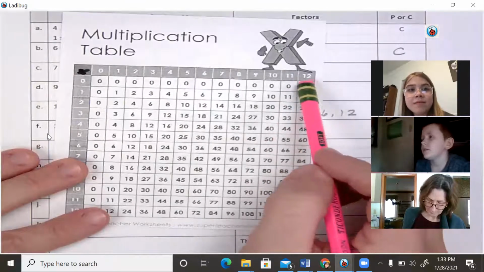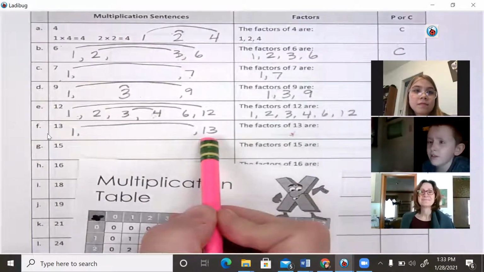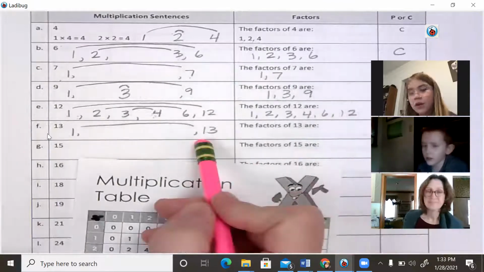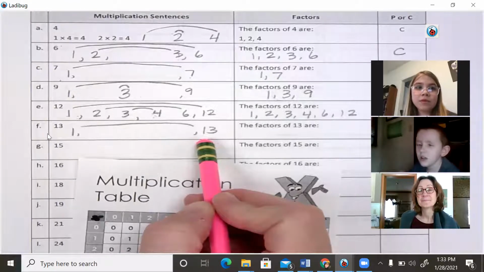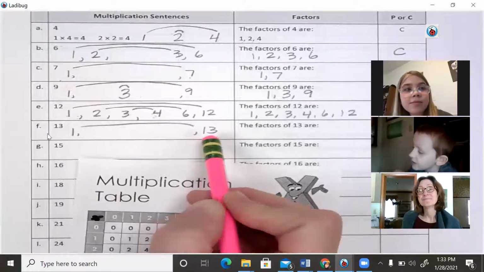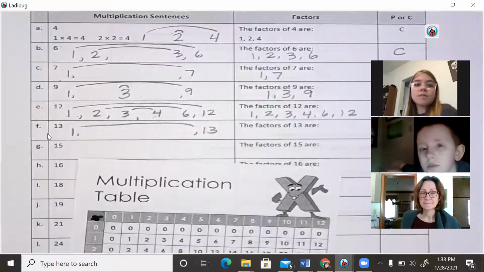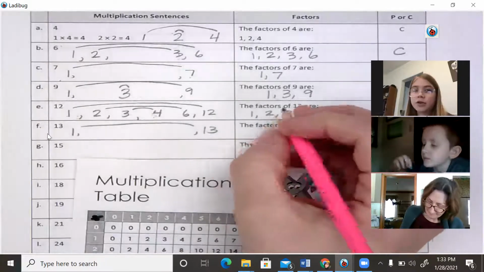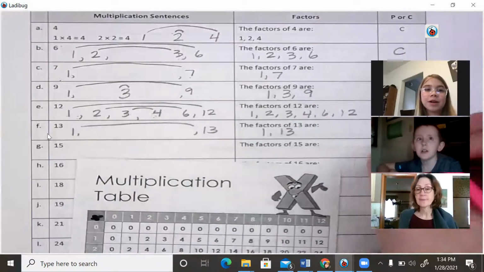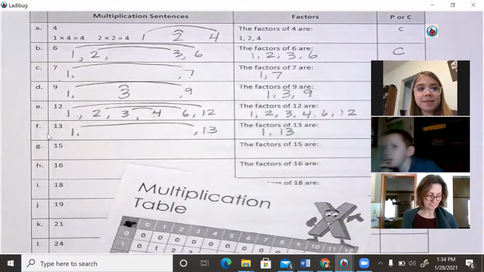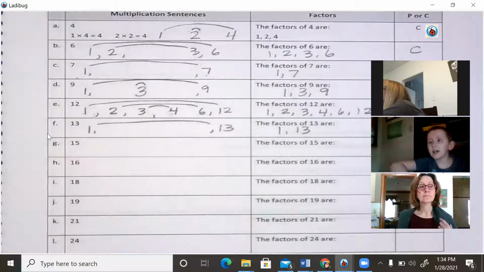No. 12? No. 13? Does 13 times anything equal 13? 13 times 1. And we already have that. So here's our whole list. So Nevaeh, the factors of 13 are what? 1 and 13. So is 13 prime or composite? Prime. Okay, nice job.